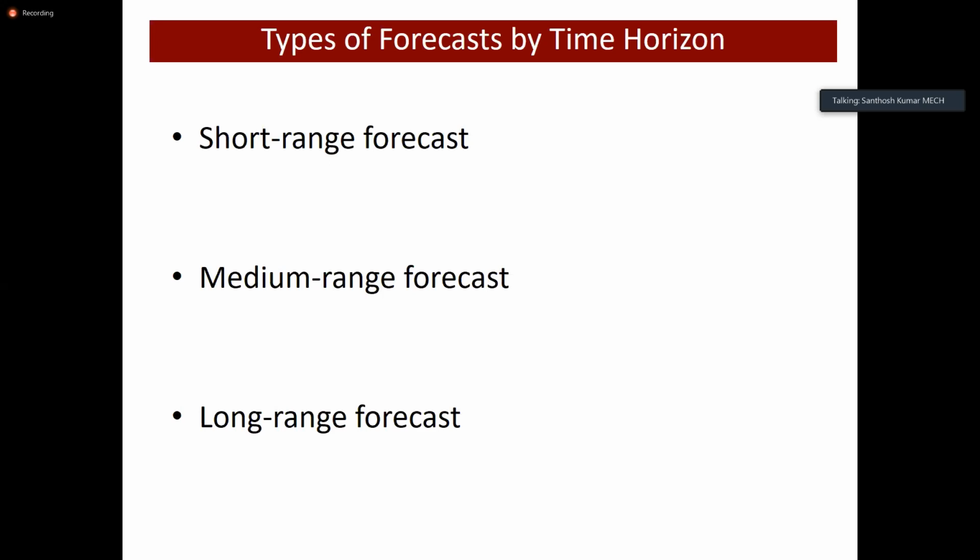Short range forecasting is for processes which can be done within a short period, like taking a service for changing a wheel.